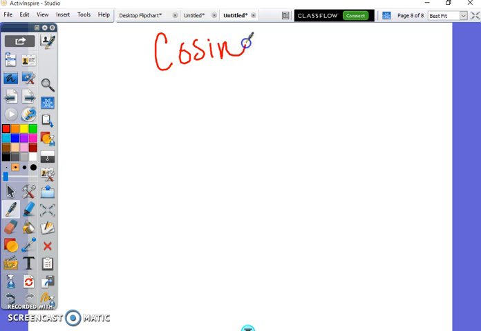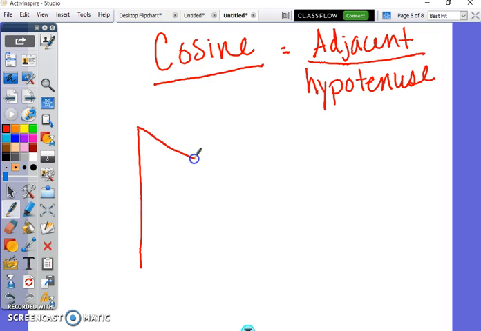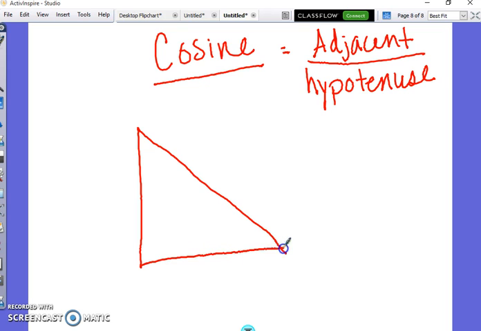Cosine is another ratio we can set up. Cosine compares your adjacent side to the hypotenuse. Again, if we drew this out, A, B, C, here's my right angle.